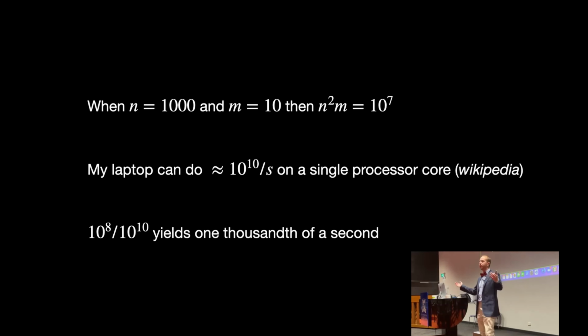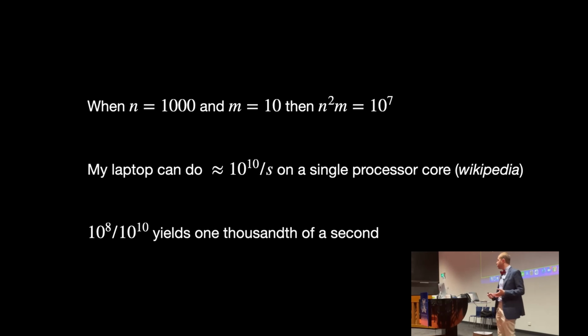Wrapping this all up and putting together our big O expression with our knowledge of how many instructions it actually takes to do a comparison. When n is 1,000 and m equals 10, so our text is 1,000 characters long, and the number of repeats we're looking for is 10, then n squared m, which was this expression that we got out the other end, is roughly 10 to the 7.